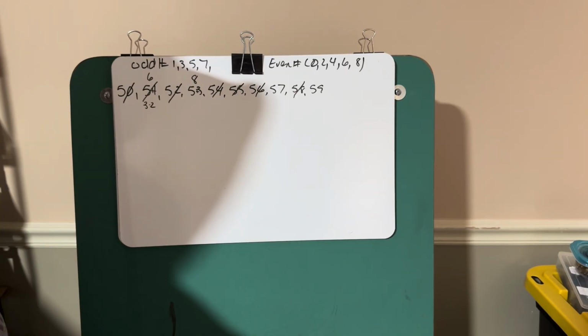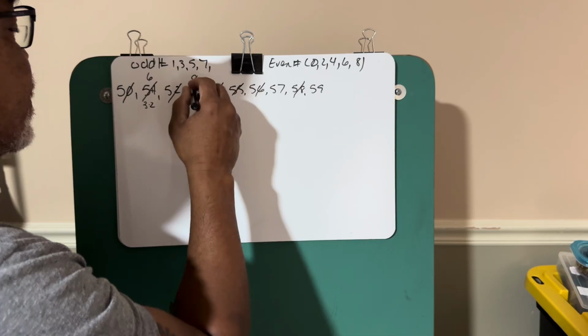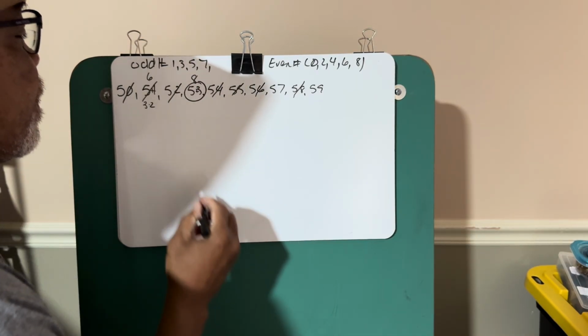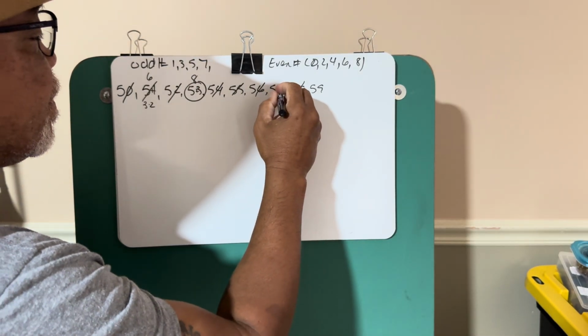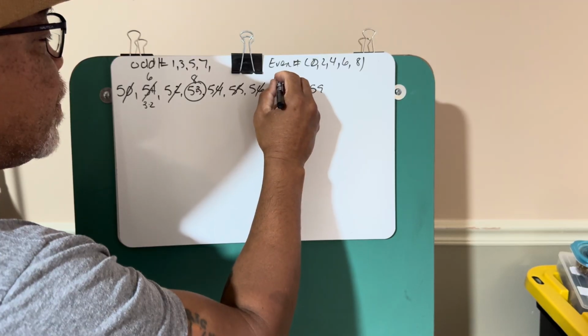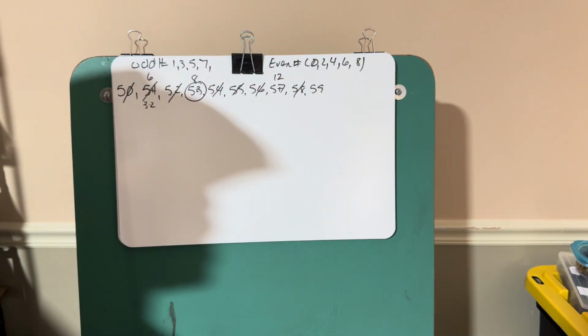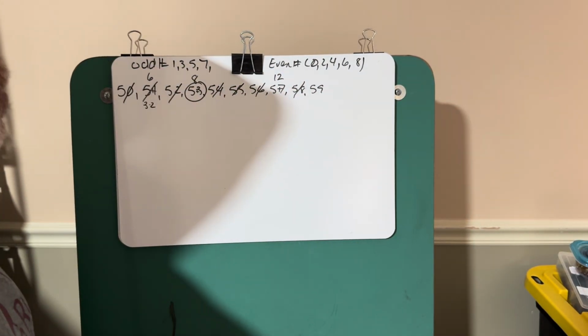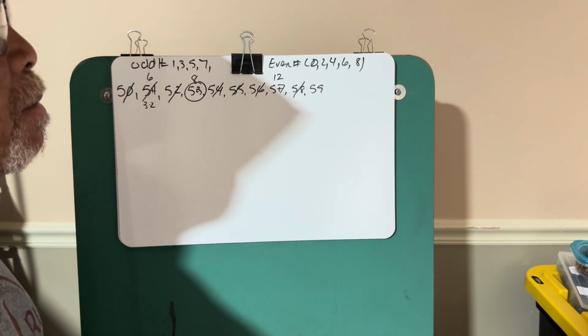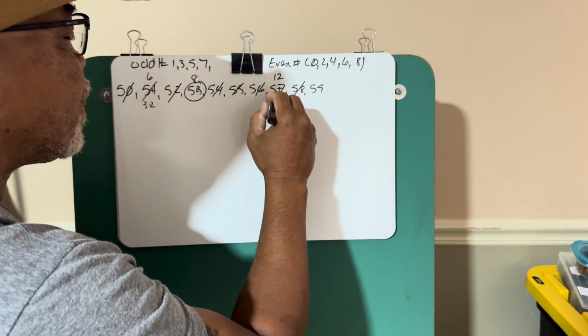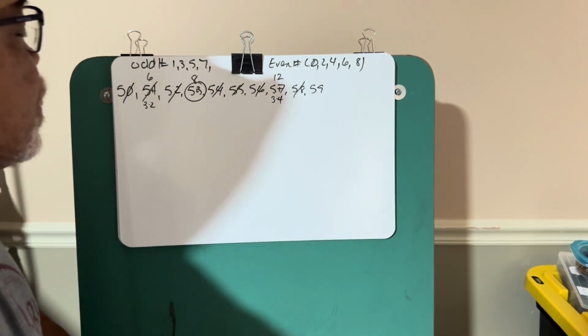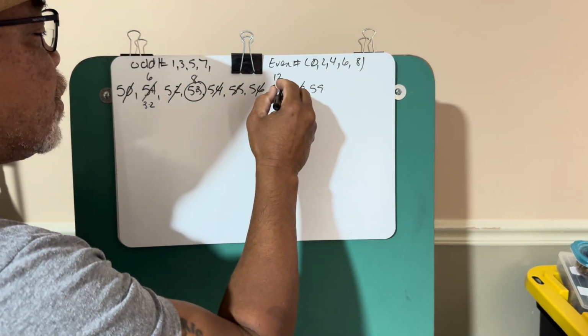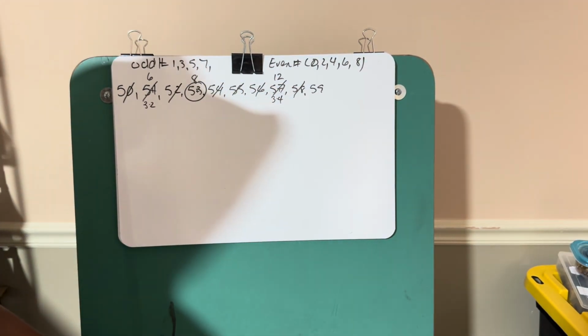No. Anything times 7 that would give us 8? No. So 53 stays. 57: that's 12. Any number times 3 that would give us 12? If you said 3 times 4, you would be correct, which means we can cross out 57.